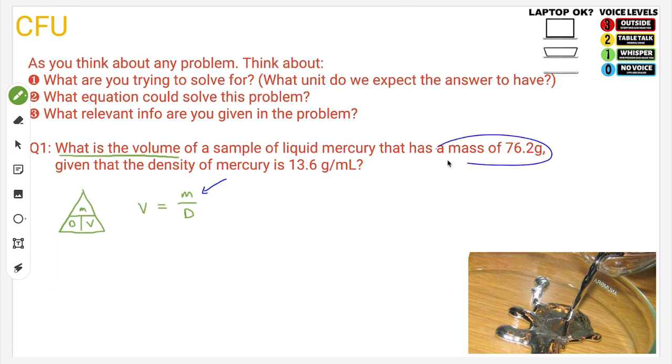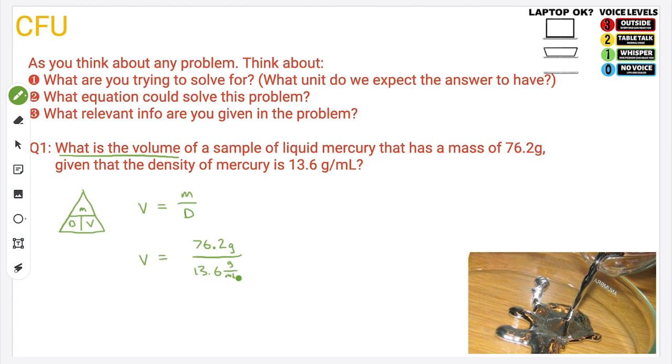Oh, I do have mass. I do have density. Great. All I do is plug this in and then divide, right? Simple as that. Volume is equal to, now the mass is 76.2 grams, and dividing by, the density is 13.6 grams per milliliter.